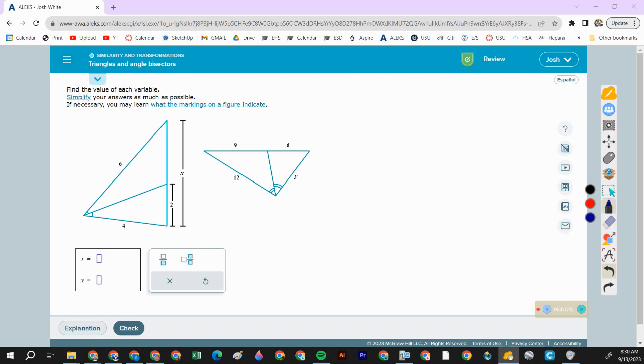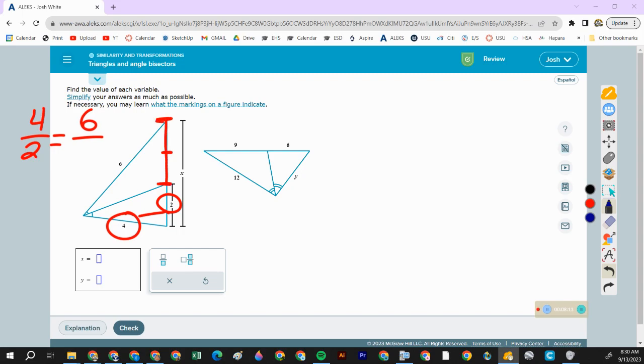So 4 over 2, or 2 over 4, it doesn't matter. You can do it either way. So 4 over 2 is equal to what? 6 over, it's not x. Close. Okay. We want to know how big this length is from here to here.